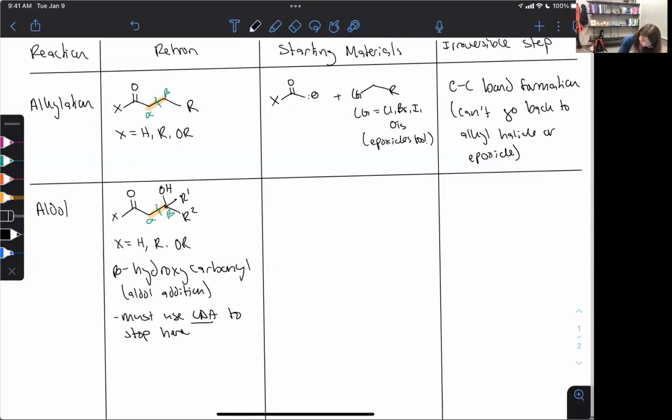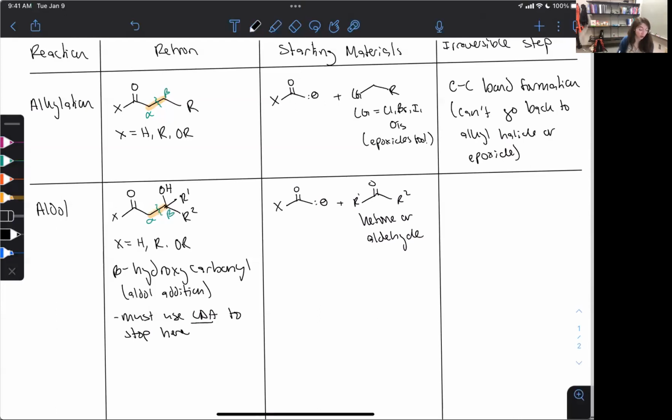If I go backwards there, I'm going to start with my enolate, and I'm going to get to this carbonyl as my electrophile. So this could be a ketone or an aldehyde for the aldol.